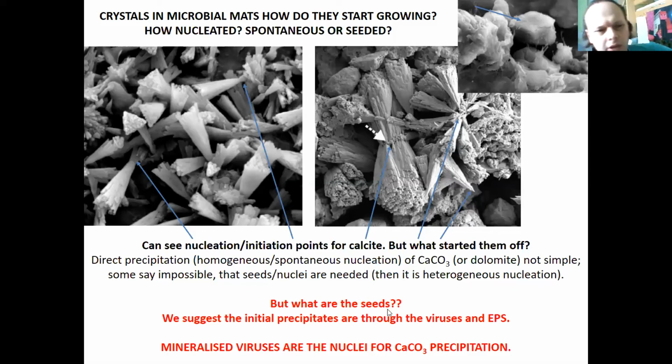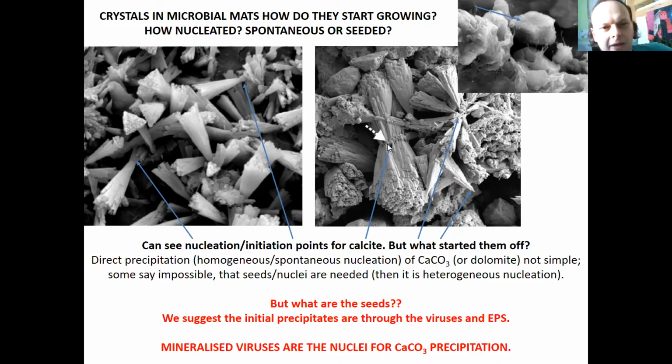In this case, which is much easier for a crystal to precipitate, it is through a seed or a nucleation site, or simply nuclei, which we think are these tiny spots, these tiny things, which are likely viruses because of their shape.